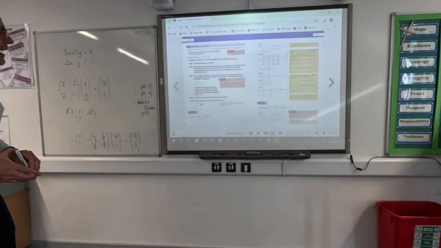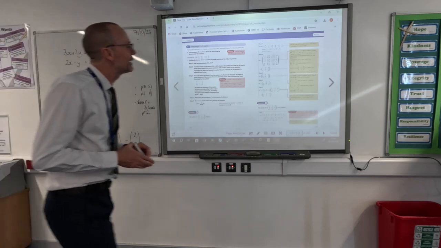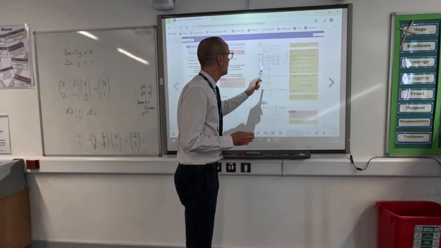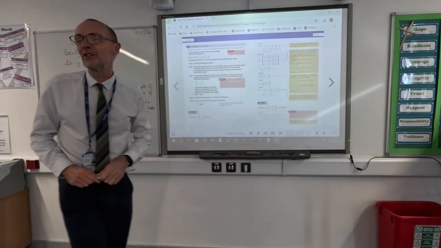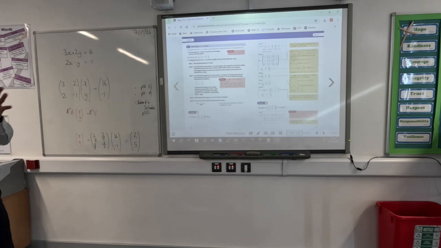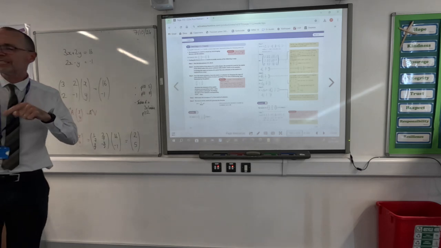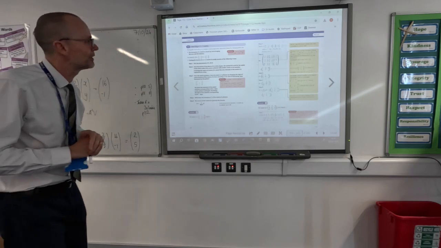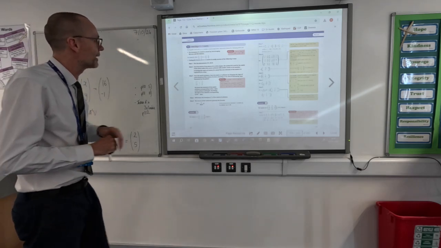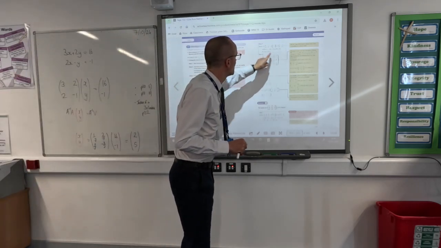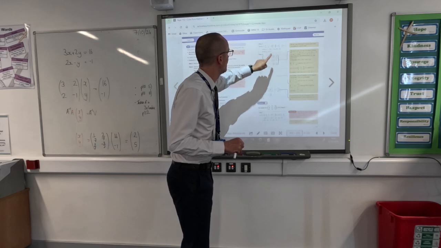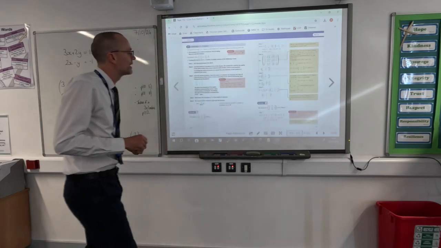Have a look at it. The only thing is, whenever you are working out the determinant, please use the calculator to do it for you, all right? Because you've got all manner of determinants going on there in order to find the inverse matrix.